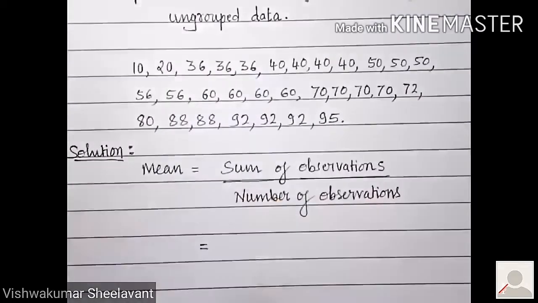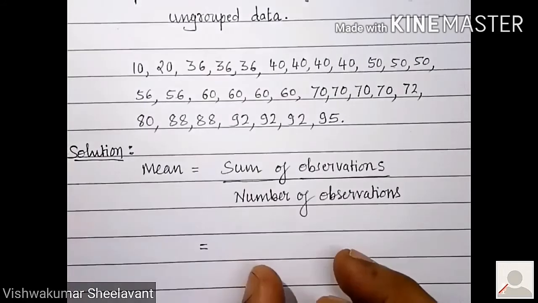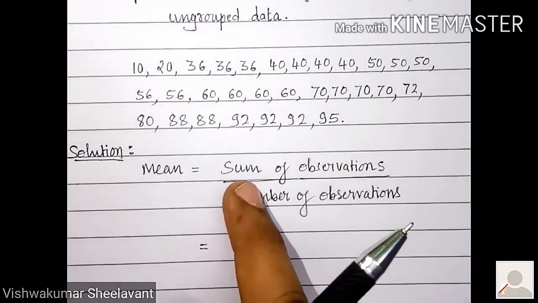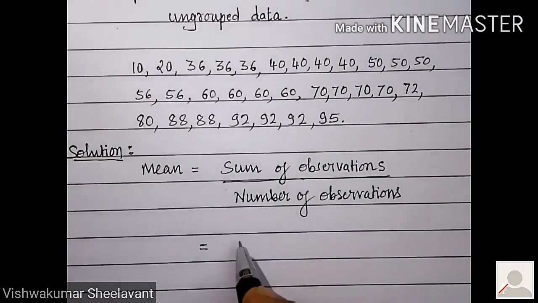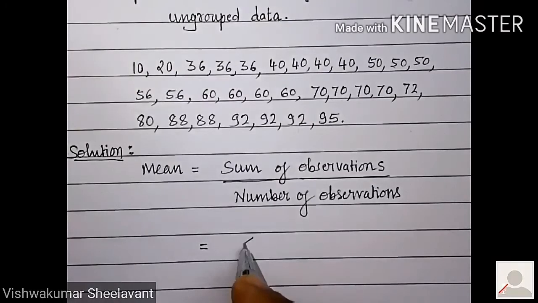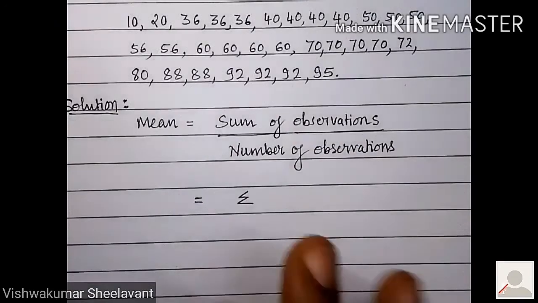Sum of observations in ungrouped data we write using symbol as sigma. Sigma means addition. Sigma is the symbol for addition or sum of.